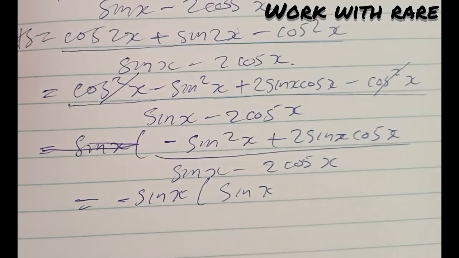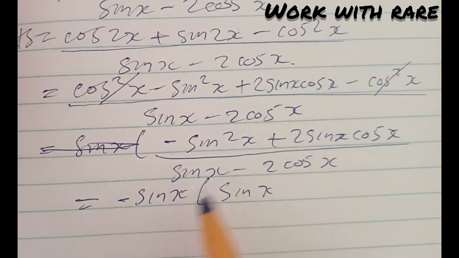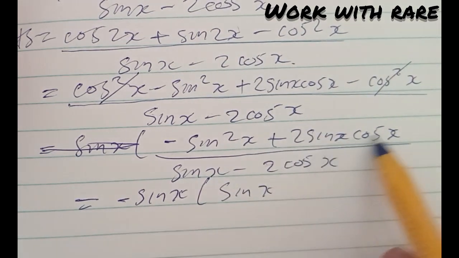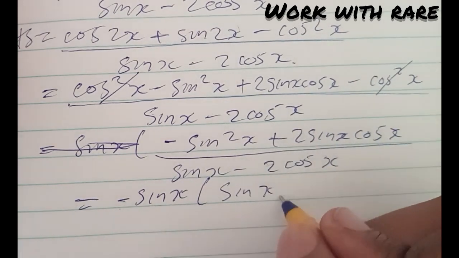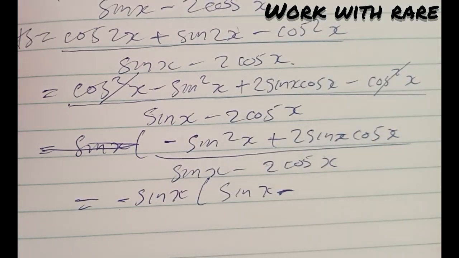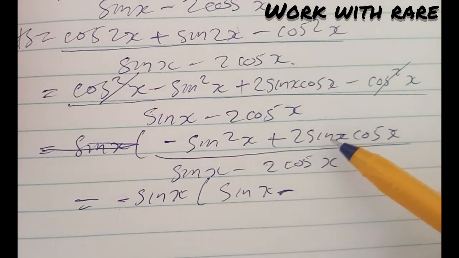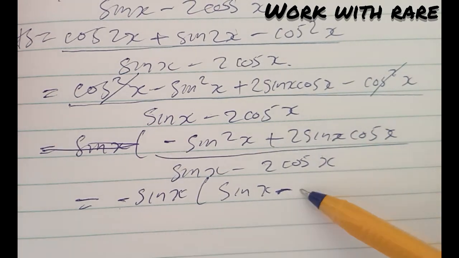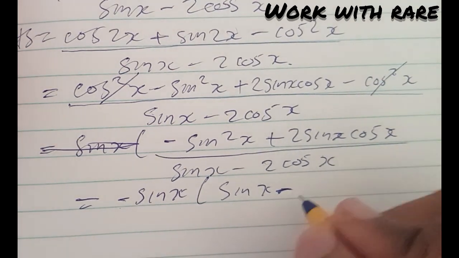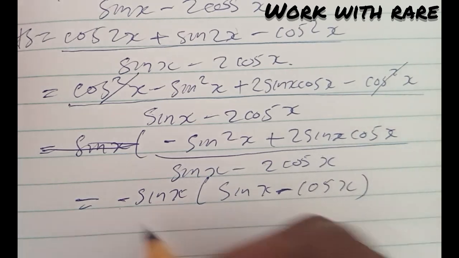Remember, here it was a positive one, and here I have a negative, which means here it will be negative, because negative multiplied by negative is positive. And here I only have one sign, so I don't have to write sine but cos only. So it will be cos x.